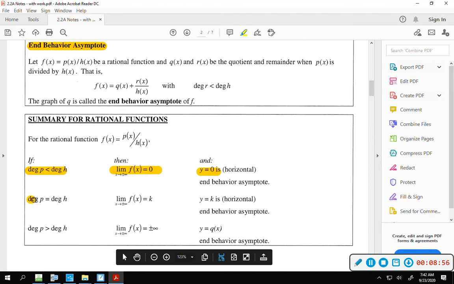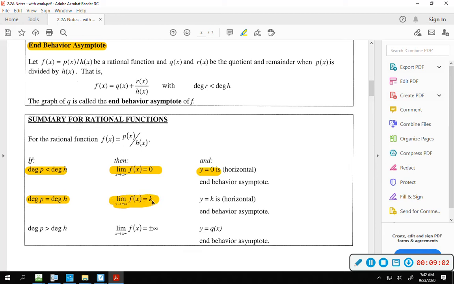If the degree in the numerator equals the degree in the denominator, then the limiting value is going to be that constant. Remember, that constant is found by taking the ratio of the coefficients of the highest degree term in the numerator over the coefficient of the highest degree term in the denominator. And y equals that constant is the horizontal asymptote.